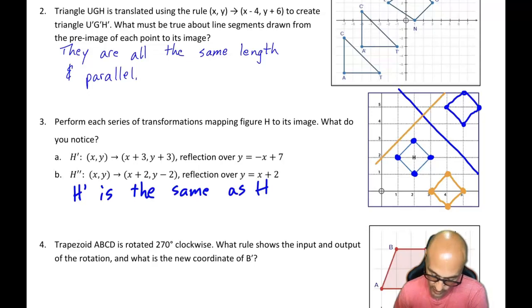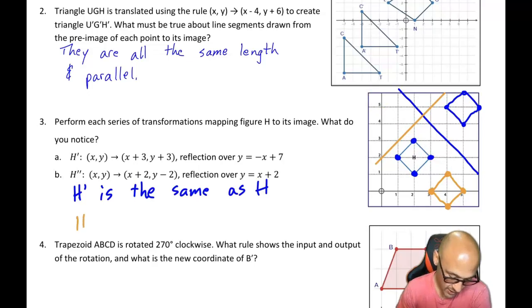And so notice that this point goes up to the left 1, 2, and a half. So that reflects there. And 1, 2, and a half, and 1, 2. So it's not going to be the same.